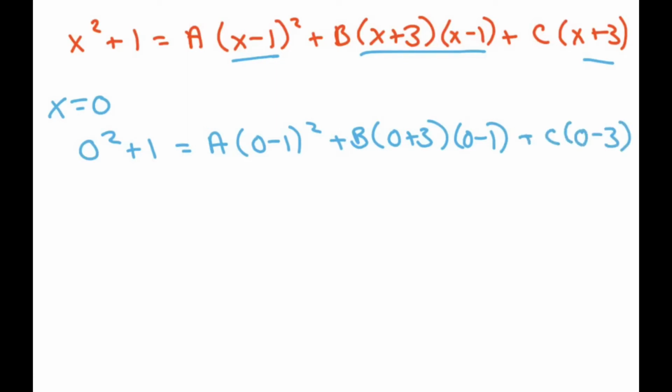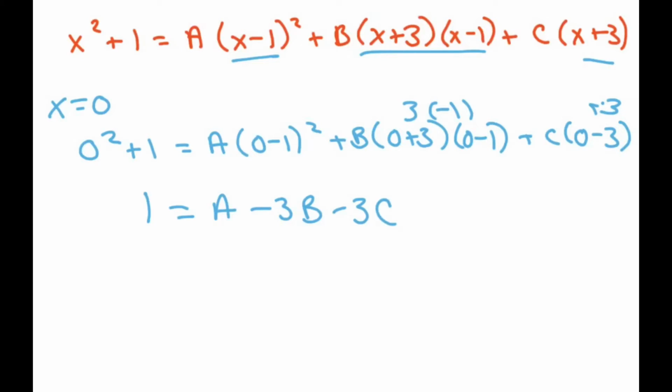So this is going to be negative 1 squared. Oh, this is just 1. And that's just going to be A. This is 3 times negative 1. That's going to be minus 3B. And this is negative 3. So it's going to be negative 3C.